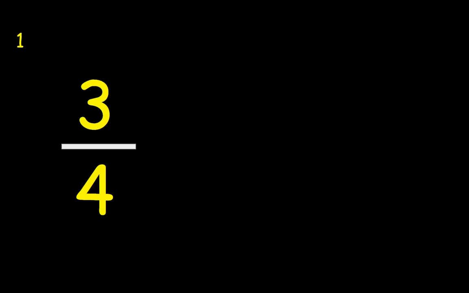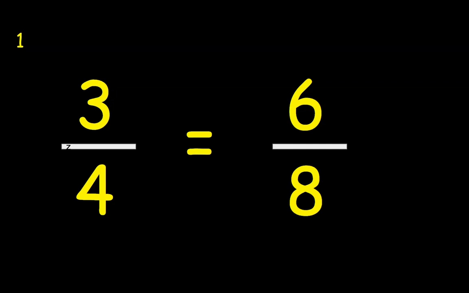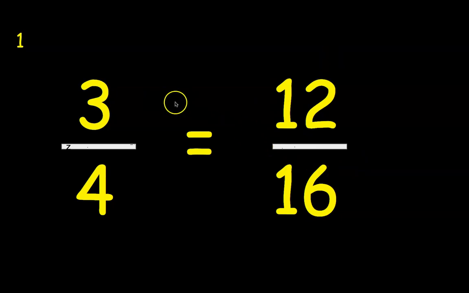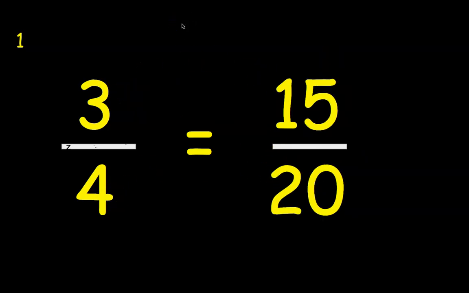Right. The first one, the easiest one, just multiply by 2 at the top and the bottom. 6/8. 3 quarters is equivalent to 6/8. Or multiplying by 3/3. 3 times 3 is 9. 4 times 3 is 12. Or multiplying by 4. 3 times 4 is 12, 4 times 4 is 16.